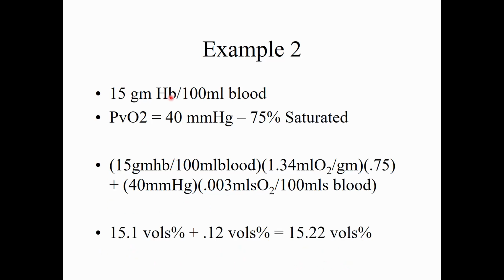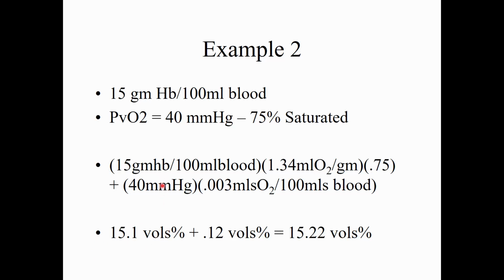If I take the same person and they're in the venous blood at 40 millimeters of mercury, I'm 75% saturated. So 15 times 1.34 times 0.75. The bound content has gone down to 15 vols per cent.